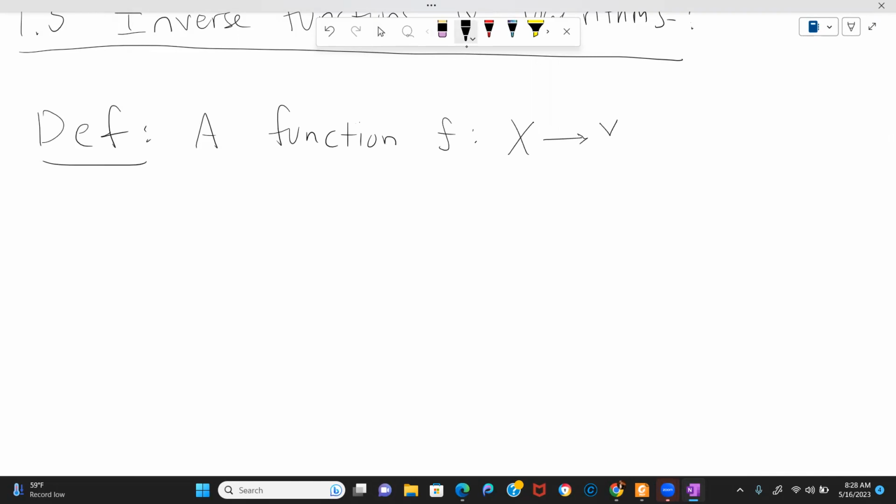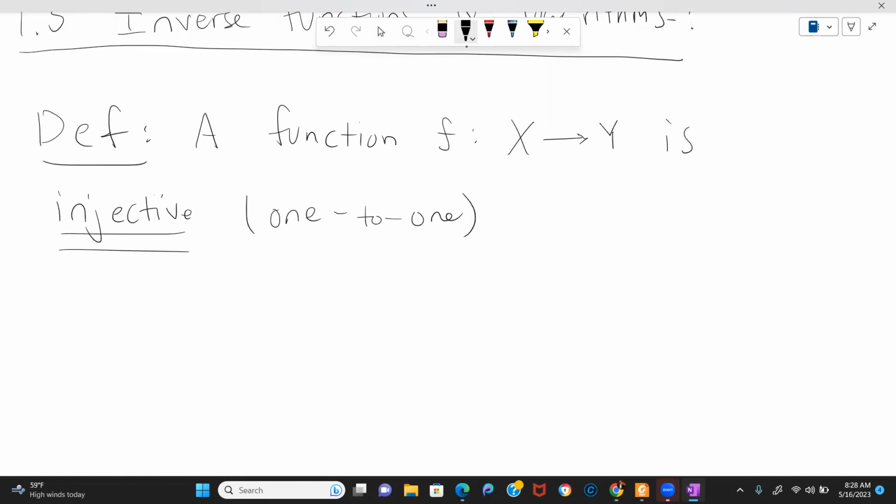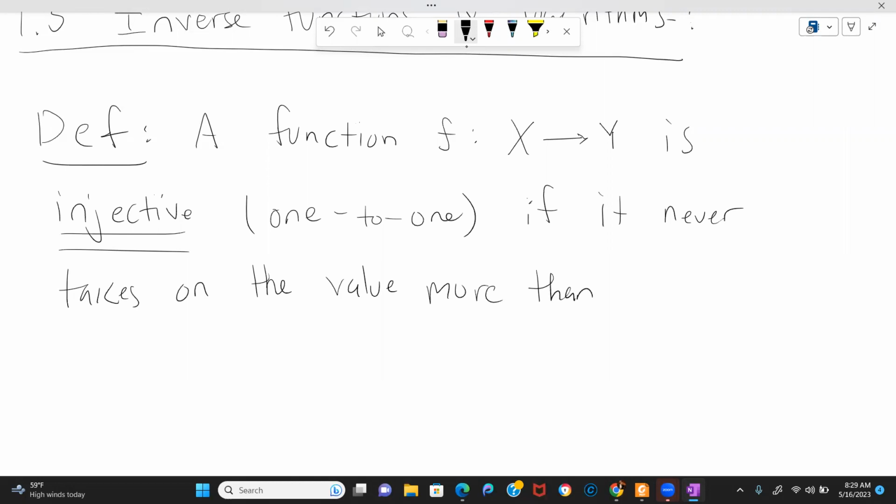From a set x to y, or some space x to some space y, is injective, or the book might use the term one-to-one, if intuitively, and I will make this more precise in a moment, it never takes on the same value more than once.